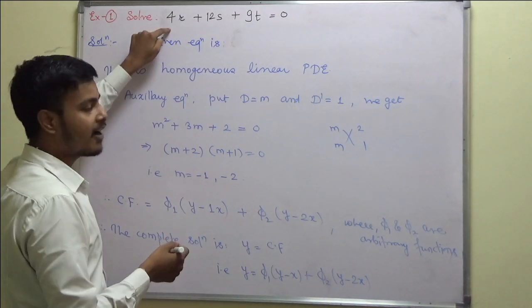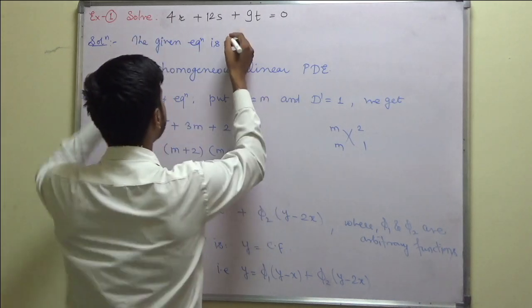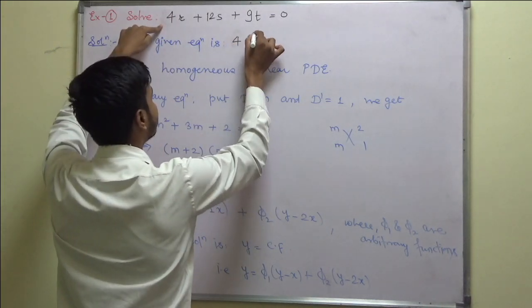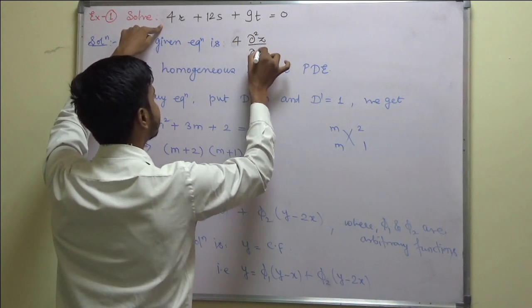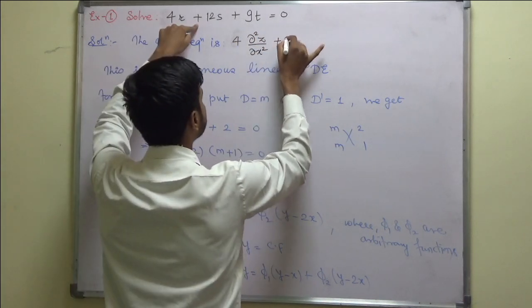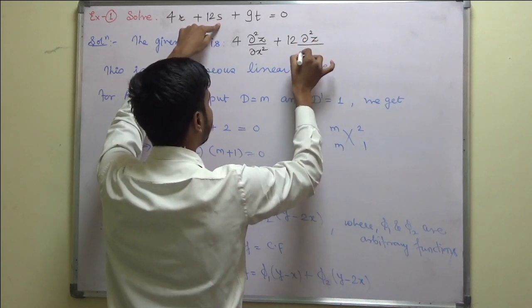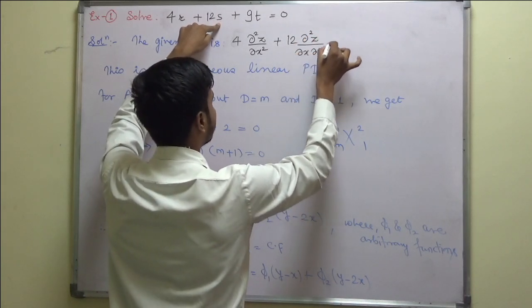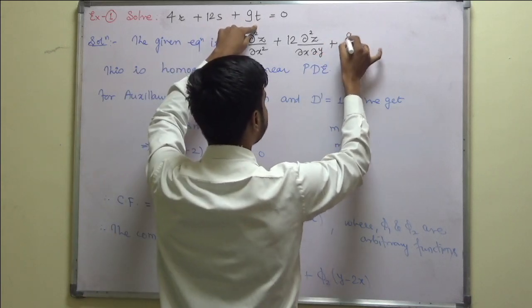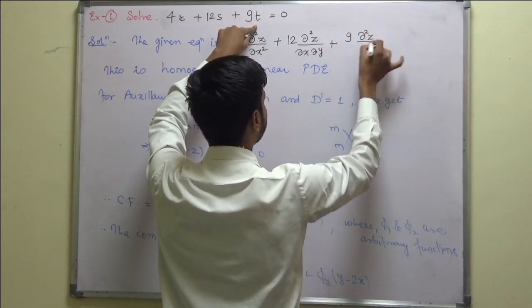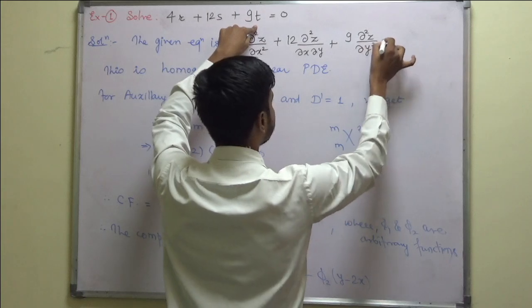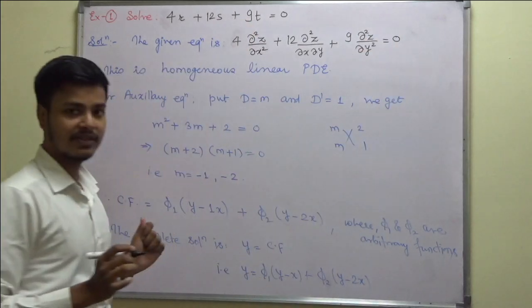So you can write this equation as 4 del 2z by del x square plus 12, what is s? Del 2z by del x del y plus 9, what is t? Del 2z by del y square equal to 0, right?